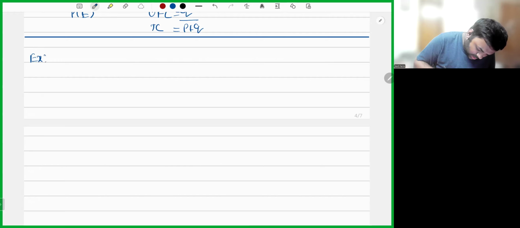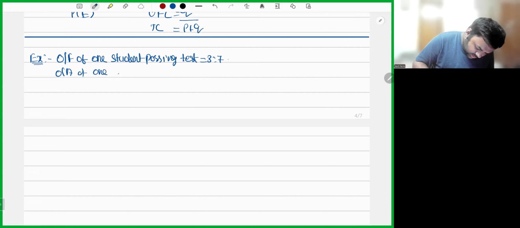Example. Odds in favor of one student passing a test is 3:7. Odds against another student passing the test is 3:5.